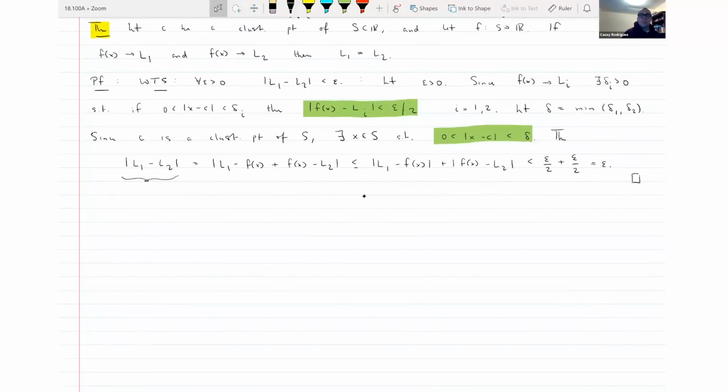But let's start looking at some examples. And at one point, we'll look at the negation of this definition.